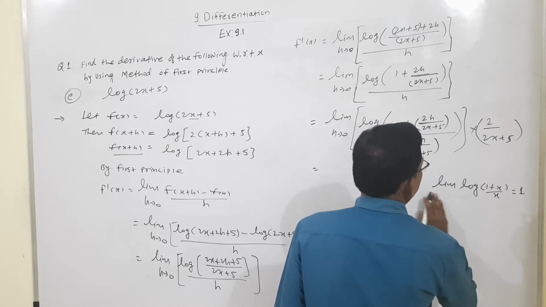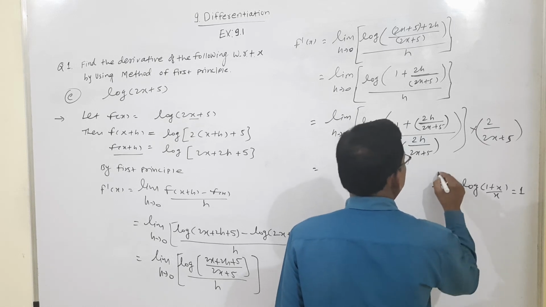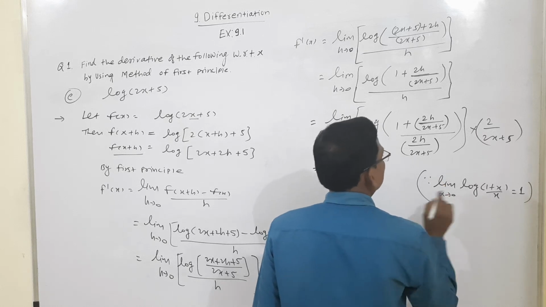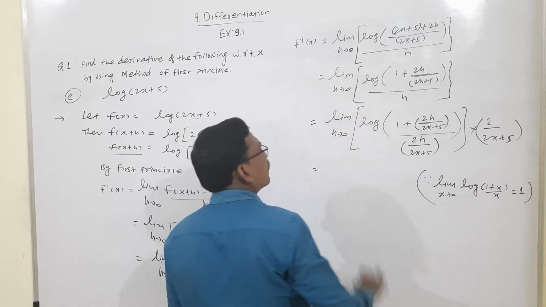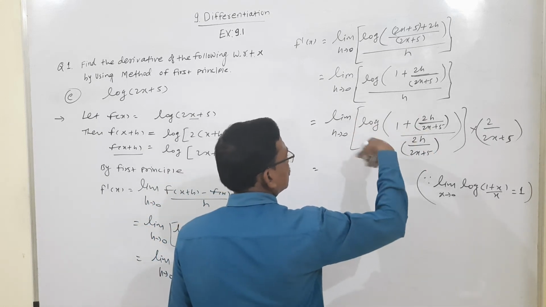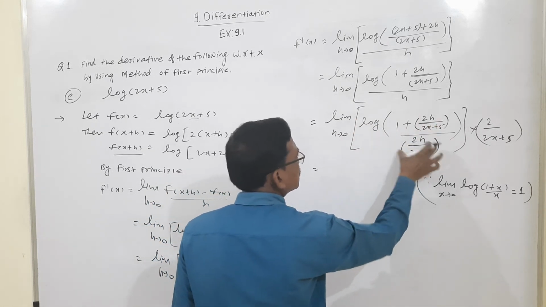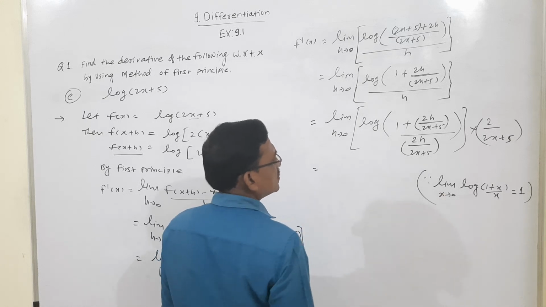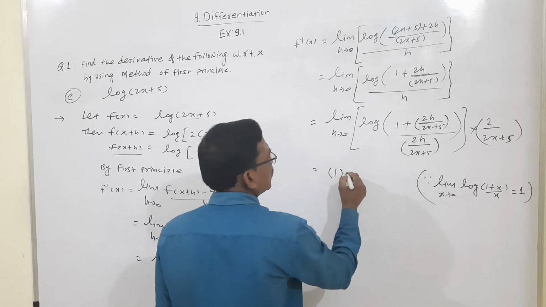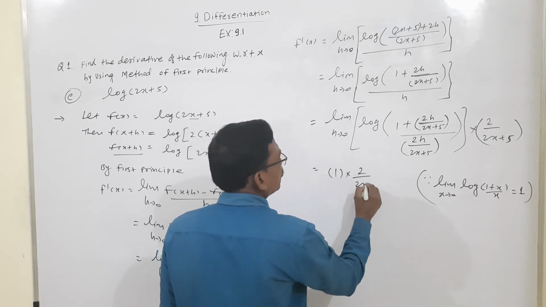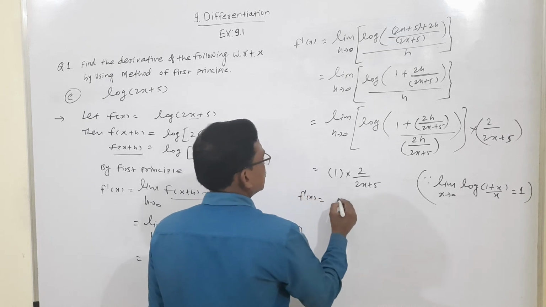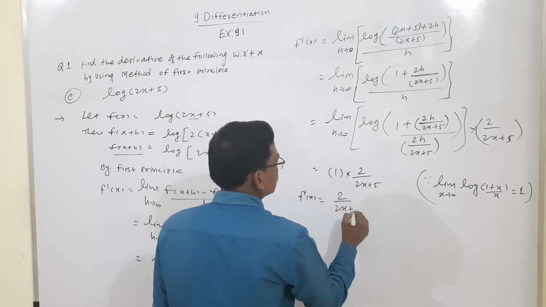By using this formula its value is 1 into 2 upon 2x plus 5, and so f dash x equals only 2 upon 2x plus 5.